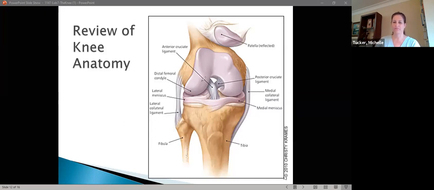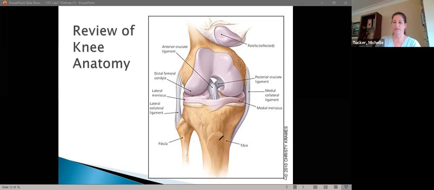The supporting ligaments and tendon that you need to know are the quadriceps tendon coming down from rectus femoris, and then if this were not retracted, it would continue as the patellar ligament going from the patella down to the tibial tuberosity.